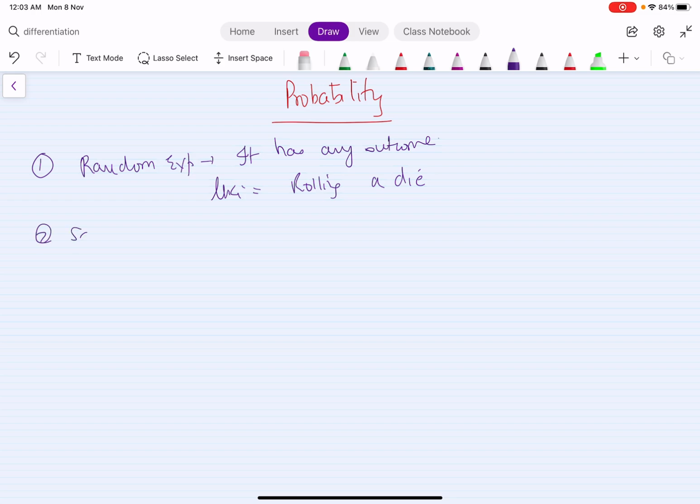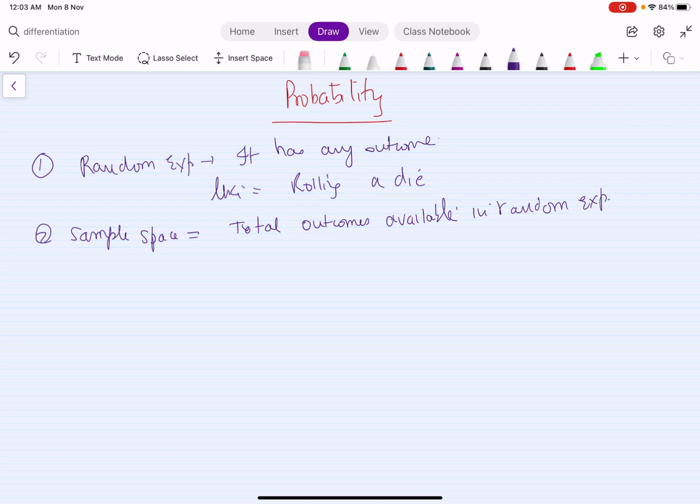The second thing that we have learned about is a sample space. Sample space is the total outcomes available in a random experiment, all the possible outcomes.